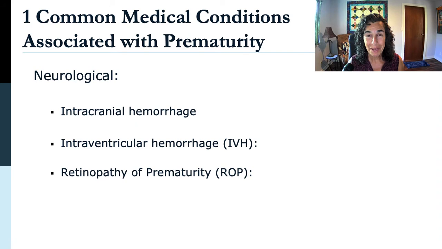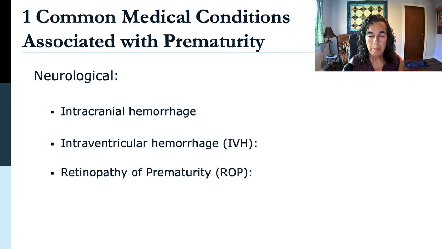We're in the topic of prematurity, and now we're looking at common medical conditions that are associated with prematurity. The first is a range of neurological issues: intracranial hemorrhage, in other words, a bleed in the brain; interventricular hemorrhage, which would be a bleed in one of the ventricles; and retinopathy of prematurity.